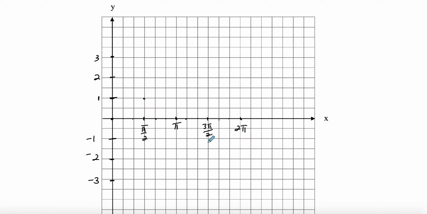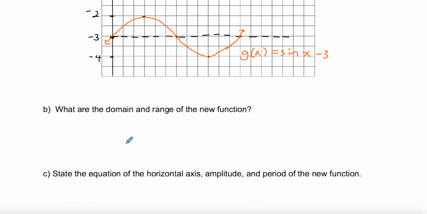What are the domain and range of the new function? The domain, since this function is going to go on and on forever to the left and to the right, for all of these sine functions will be the set of x such that x is an element of all real numbers.